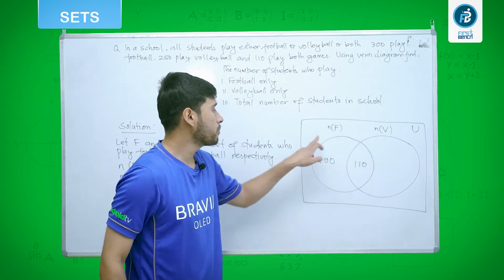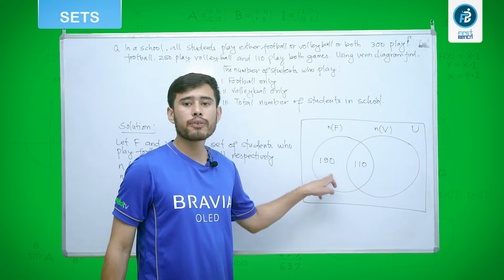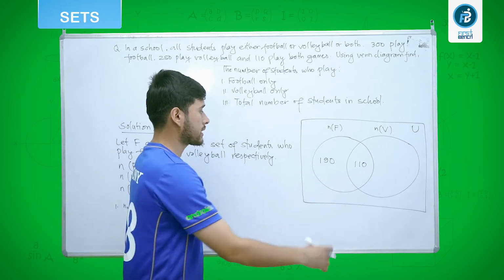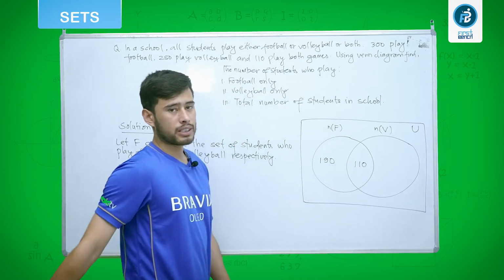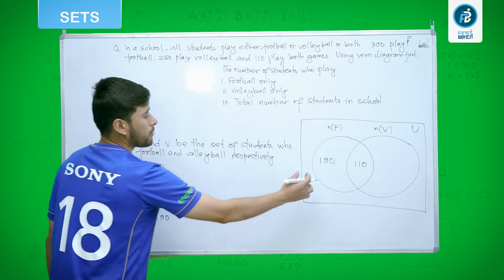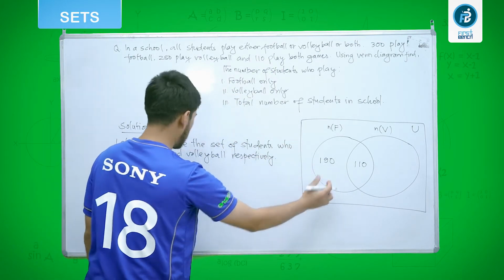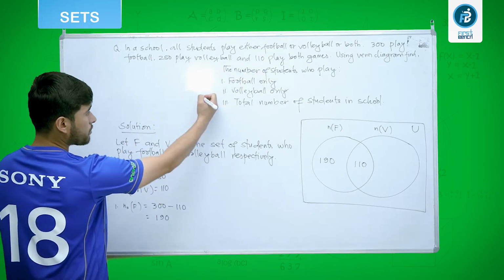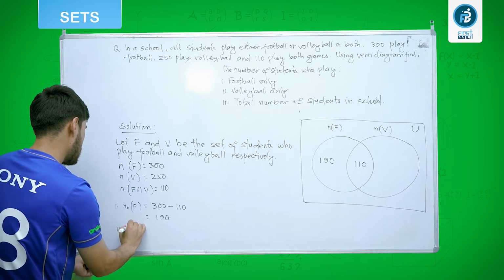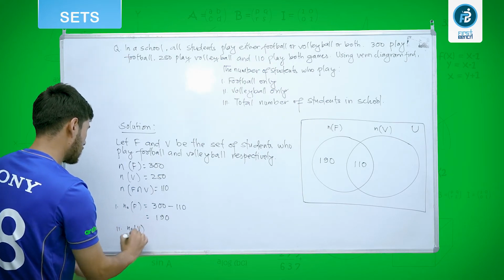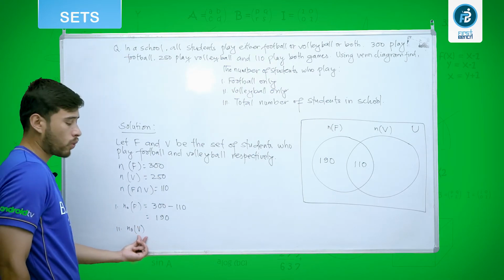Now if we add up, we will receive 300. If we don't get 300, it's wrong. Now let's add 190 plus 110, that is 300. So this is the number of students who play football only. Likewise, the second number we have to find is volleyball only. NOV, that is the number of students who play volleyball only.